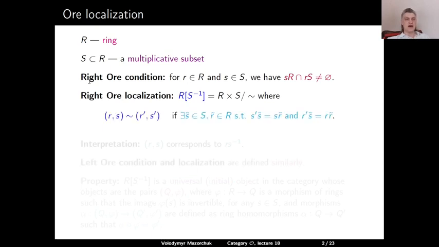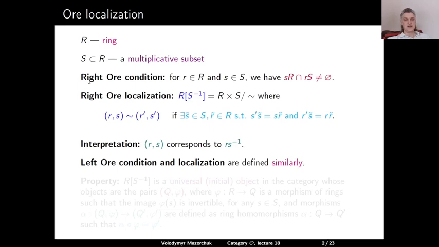Two pairs (r, s) and (r', s') are equivalent if there are elements s tilde in S and r tilde in R such that s' times s tilde is equal to s times r tilde and r' s tilde is equal to r tilde. So in this localization, the pair (r, s) is interpreted as the element r times s inverse.